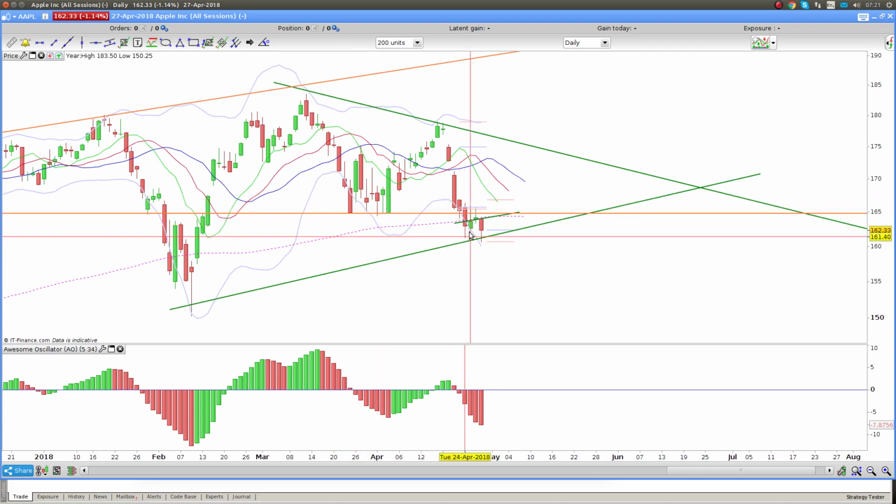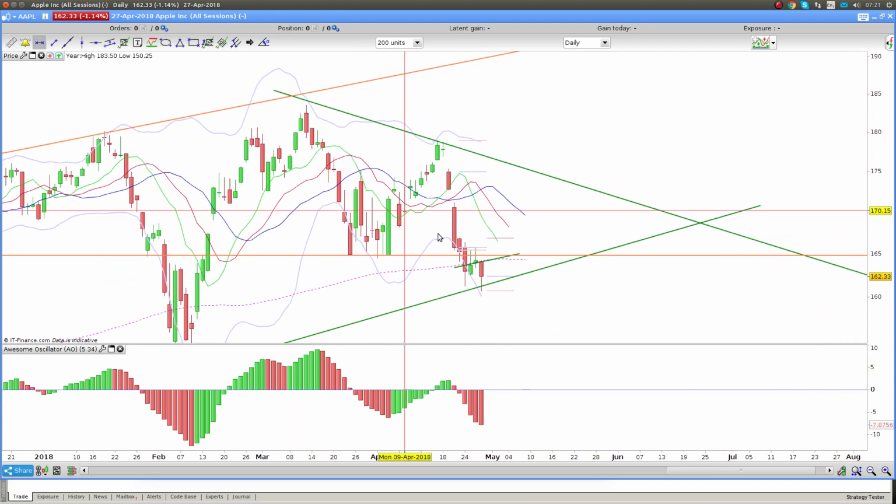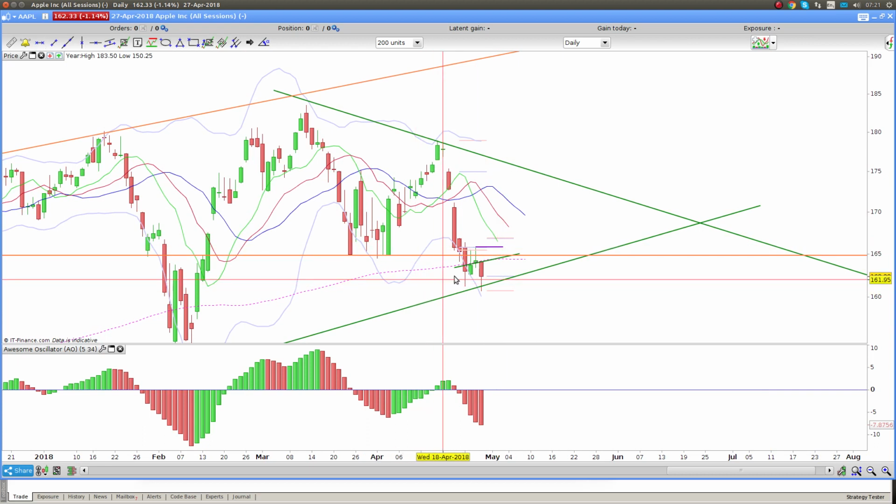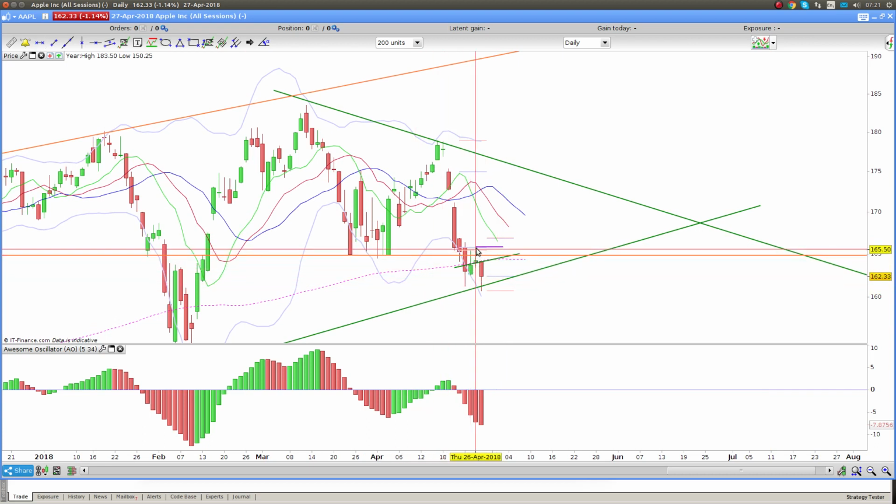So although we do have a reversal pattern brewing, the confirmation that you're looking for of a reversal is a break above that blue line. So this swing high here, this pin bar, that is what you're looking for. You need a daily close basically above that to indicate that this here is a Bollinger double bottom.